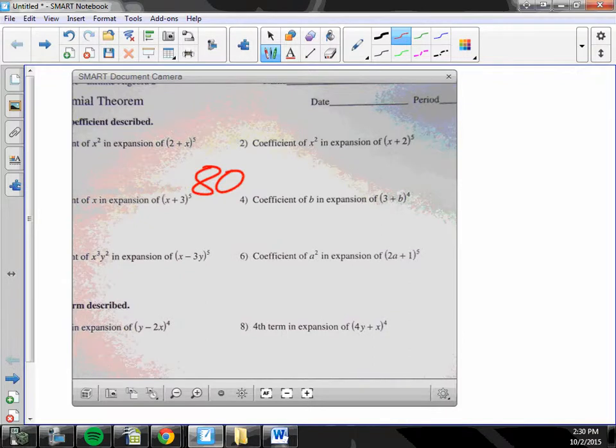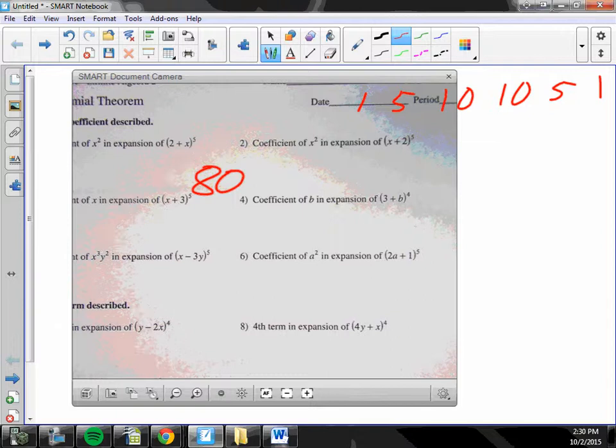So if I look at the triangle, 1, 5, 10, 10, 5, 1, which number do I start with? So this would be term 1, 2, 3, 4, or x to the fifth, x to the fourth, x to the third, x squared. So it's going to be 10 times x squared.